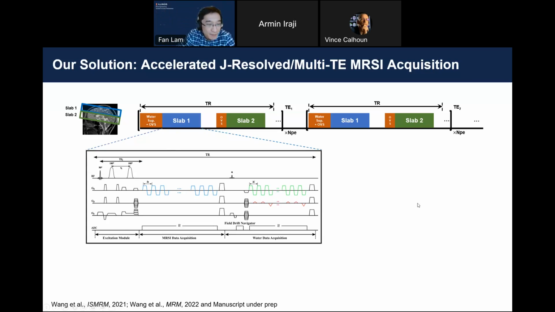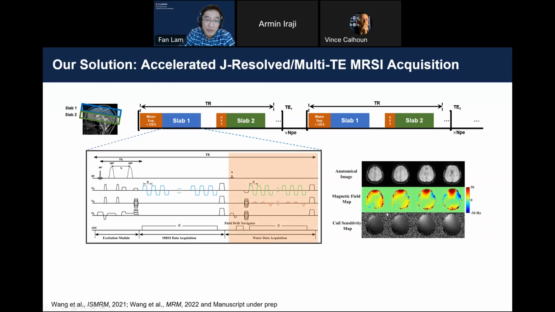In each slab, we're combining some selective refocusing strategy and rapid spatial spectral encoding. I'm not going into the detail of this, but basically we are trying to maximize the acquisition efficiency, like the amount of data and the SNR per unit time that you can get. We also try to leverage the longitudinal recovery time, during which in the conventional acquisition you're doing nothing.